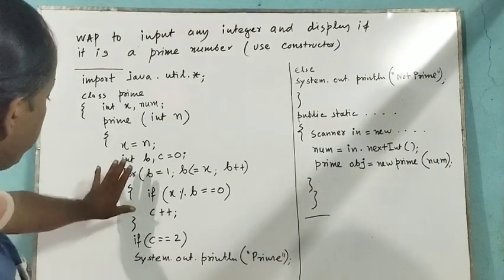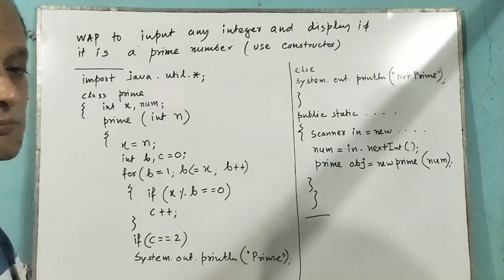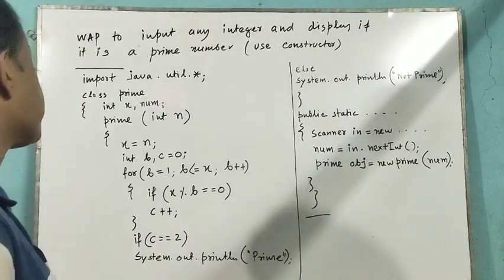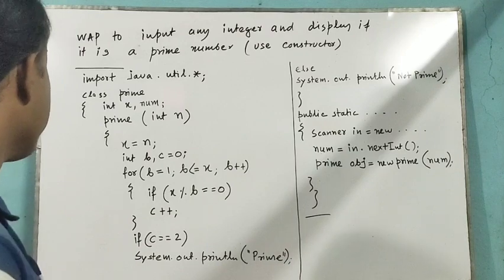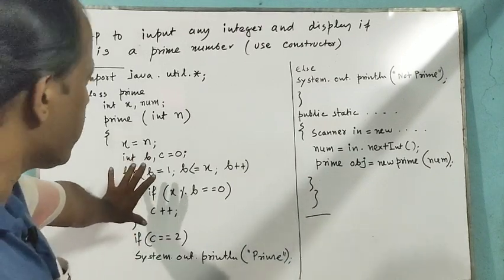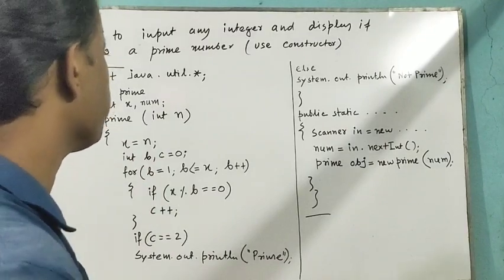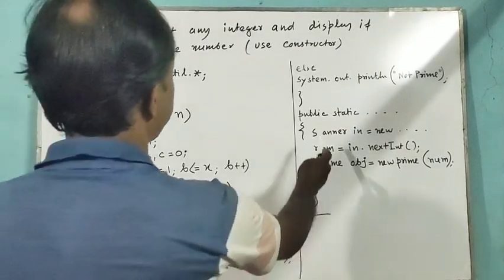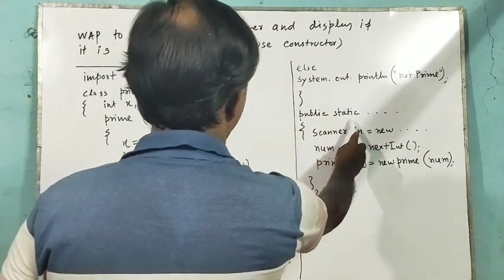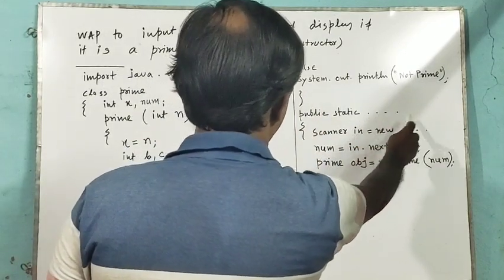Now in the body of the constructor I have checked whether the number x is a prime number. This part does not require any explanation. You understand how we check prime number. Then after completing the body of the constructor we have created the main method, public static void main.